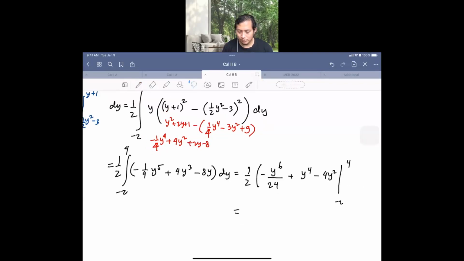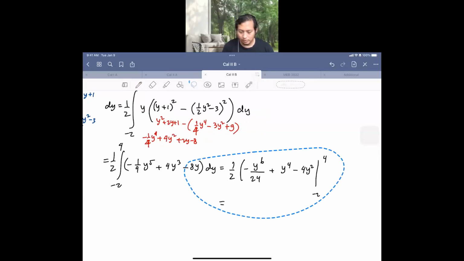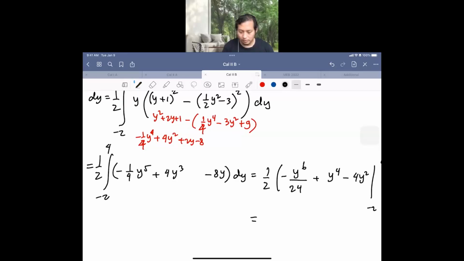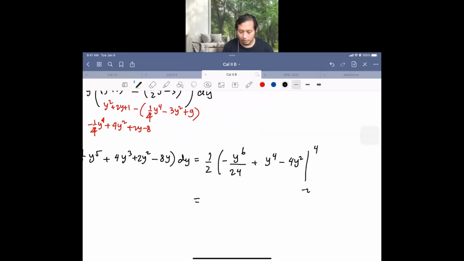So we can say plus 2y plus 2y squared. And then this one becomes... okay. Now we could take this, compute, and this should be equal to 36.